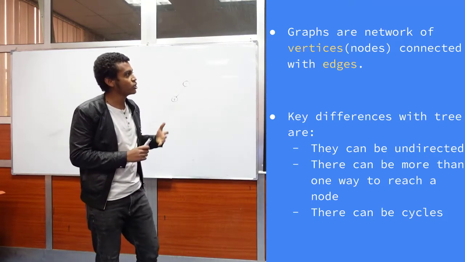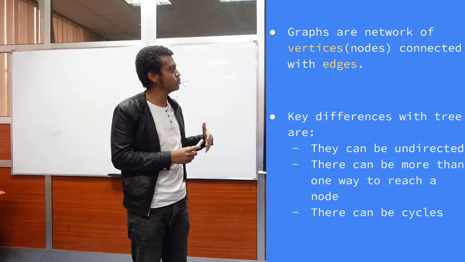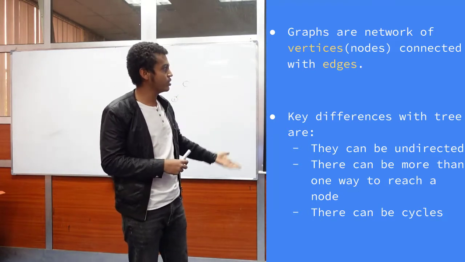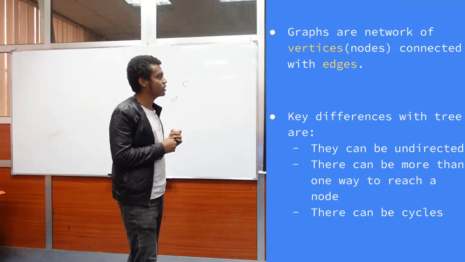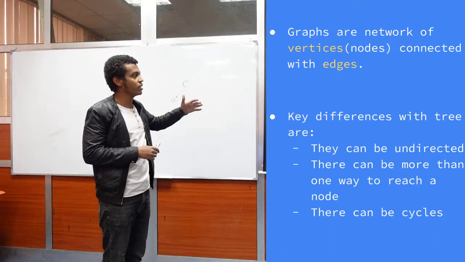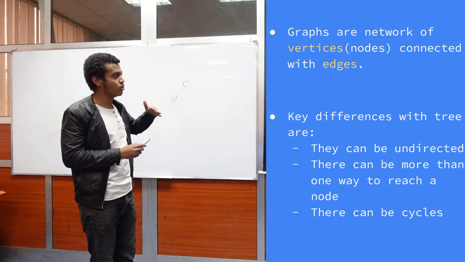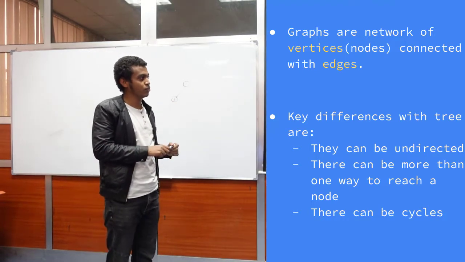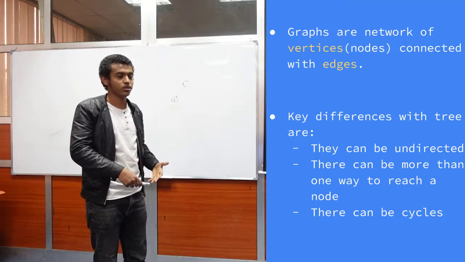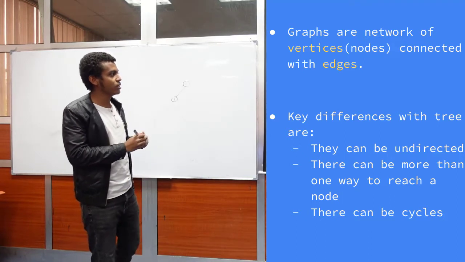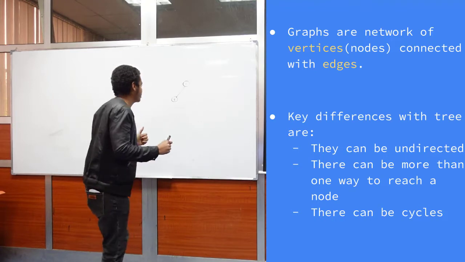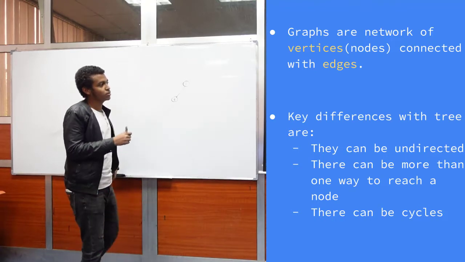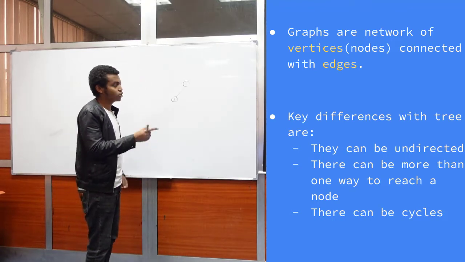So if they're so similar to trees, what difference do they have from trees? So you can think of graphs as a superset of trees. So they have some differences from trees, but they also include trees. So what kind of difference they have? They can be undirected. What do you mean by that? So from our tree lecture, there's always one path.